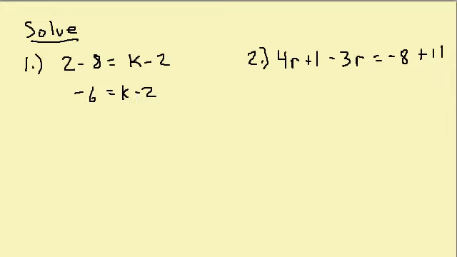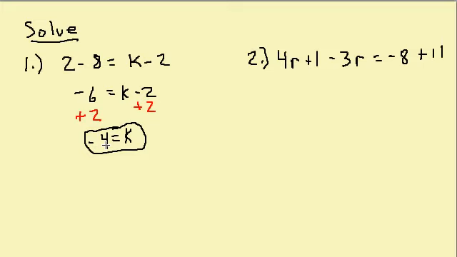And to get rid of the minus 2, we can just add 2. And since we added 2 over here, we have to add 2 over here. So this is going to leave us with k equals negative 4. And there's our answer.